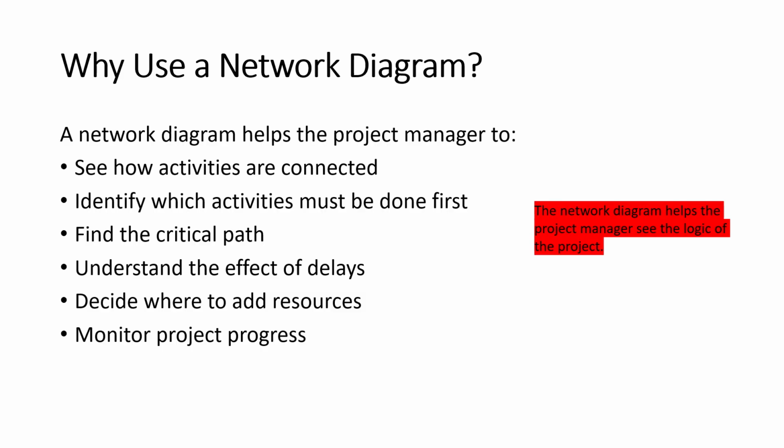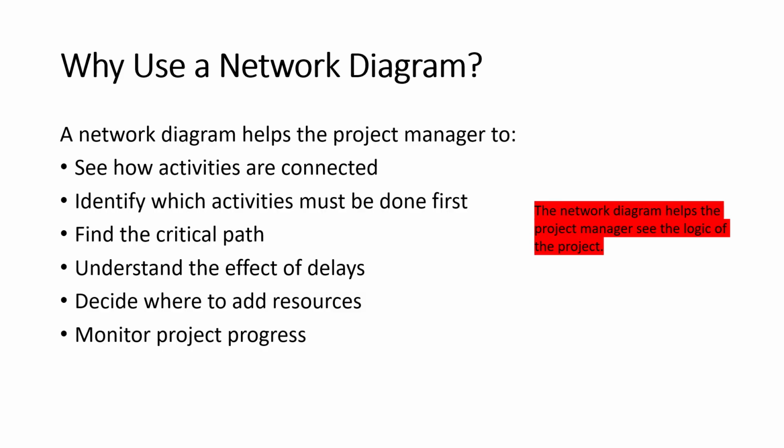This is important because the project manager needs to know which activities directly affect the project completion date. Besides that, the network diagram helps the project manager understand the effect of delays. If a delayed activity is on the critical path, the project manager must respond very quickly.